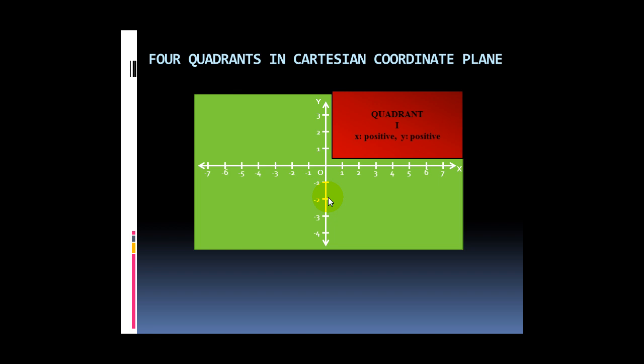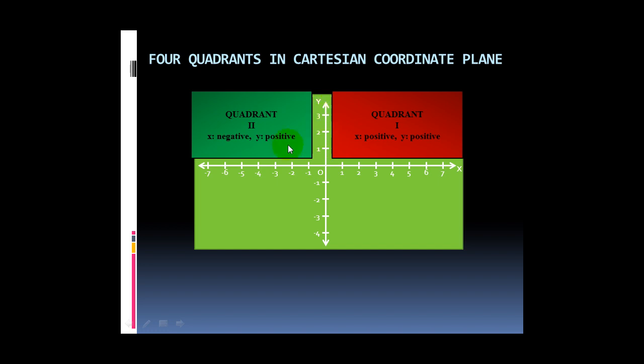Quadrant 1: the value of X is always positive, and the value of Y is always positive. For quadrant 2, the value of X is always negative, and the value of Y is always positive.